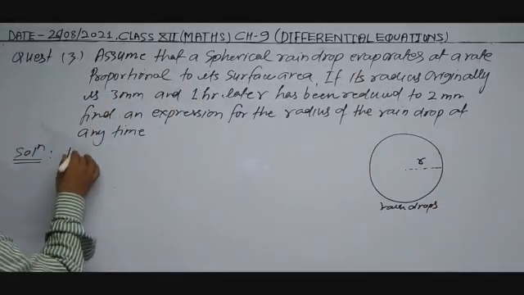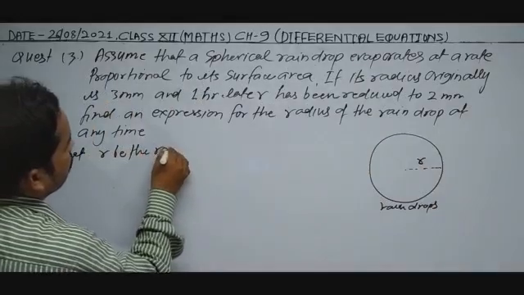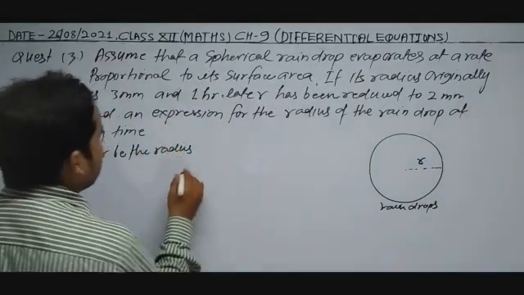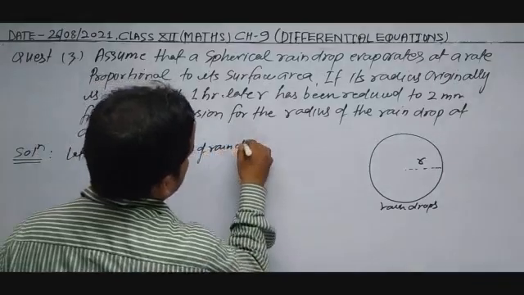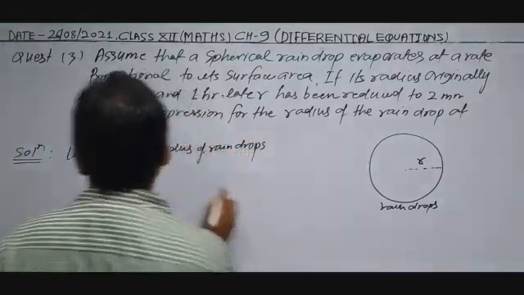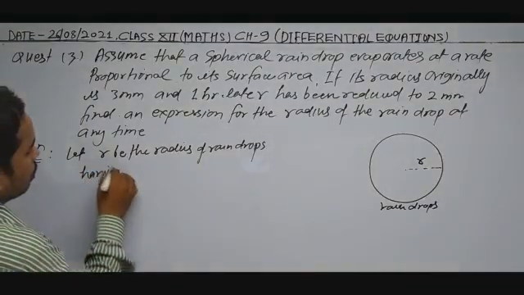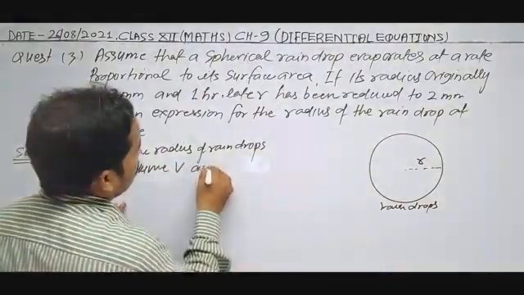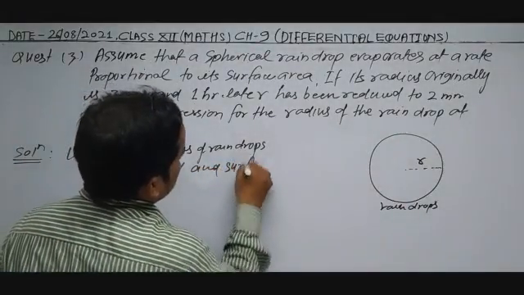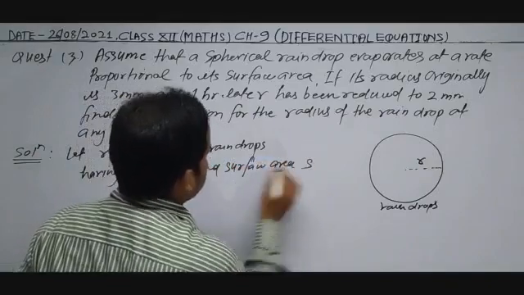Now let r be the radius of the raindrop having volume V and surface area S.